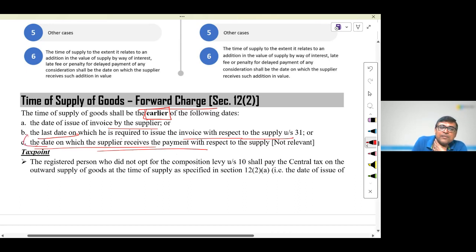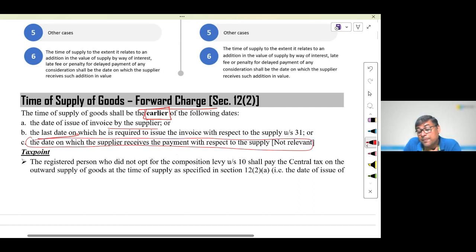At present, this is not relevant for your examination because there is a circular and notification which specifically mention that the payment date is not considered for determining time of supply of goods under forward charge. So I can bypass this one.